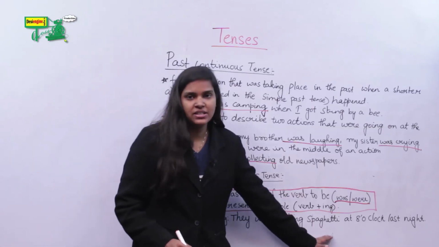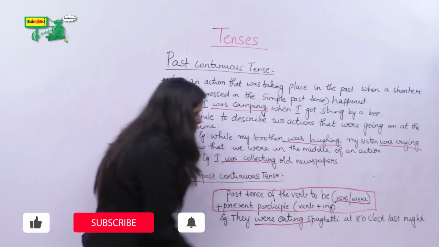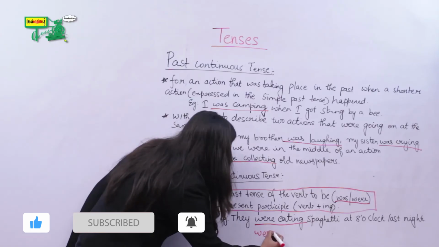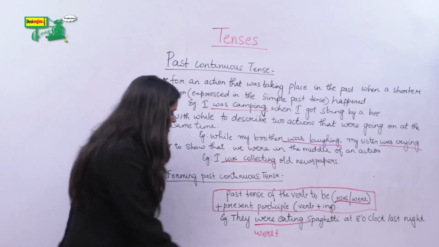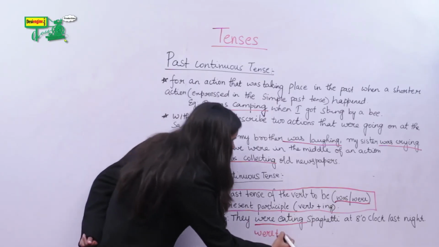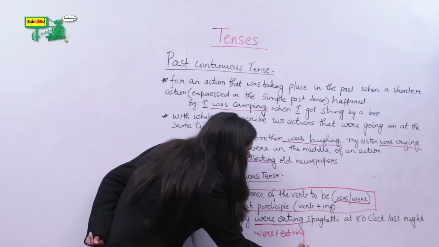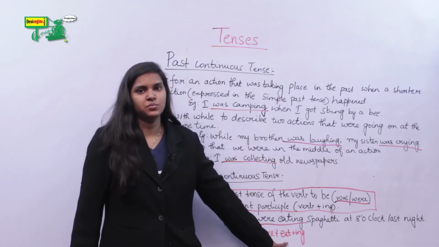They were eating spaghetti at 8 o'clock last night. Were eating. Were is the past tense of the verb to be, plus eat, which is the main verb, plus ing, which makes it the present participle.